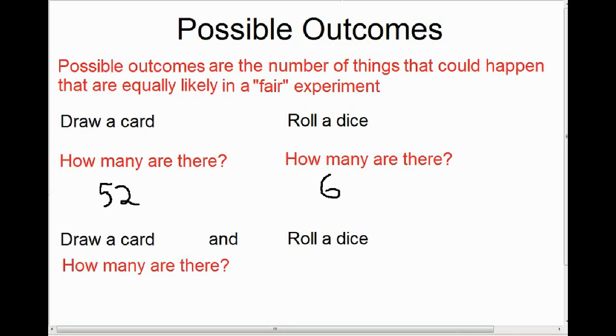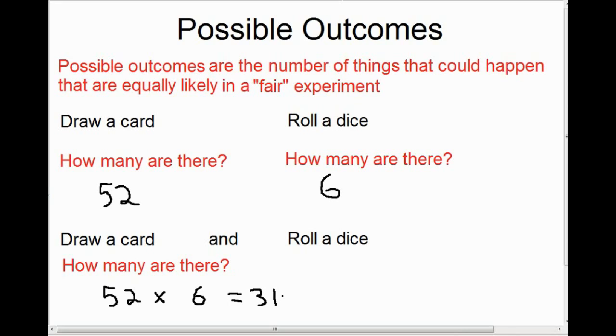Well, as we saw with the previous 2 examples, when we take 2 fair experiments and combine them, so if we draw a card and roll a dice, we have to take the possible outcomes of one experiment, the possible outcomes of the other experiment, and multiply them together. So to figure out how many possible outcomes there are if we draw a card and roll a dice, we have to multiply 52 times 6, which is 312.